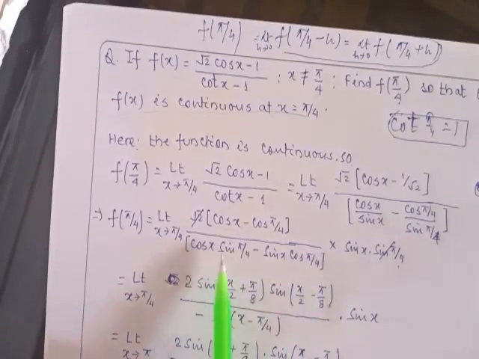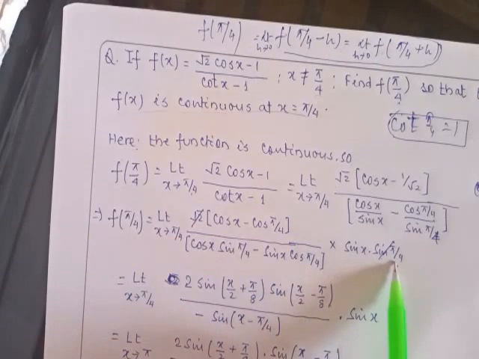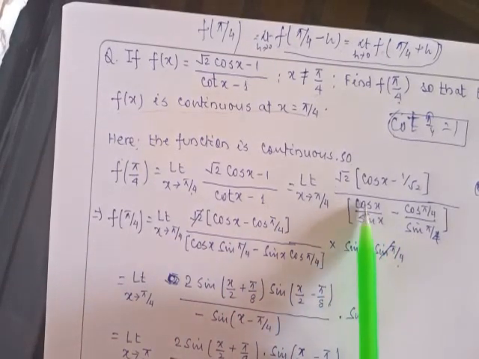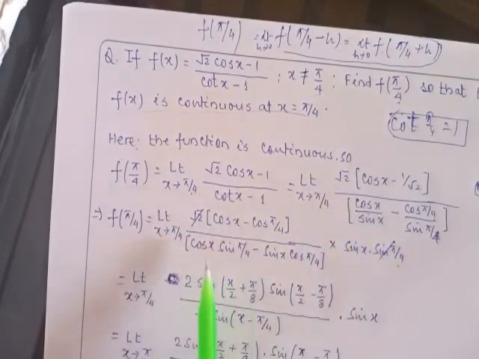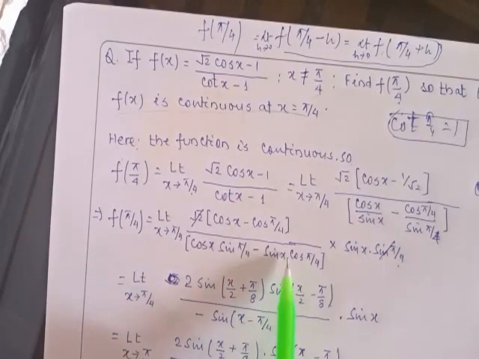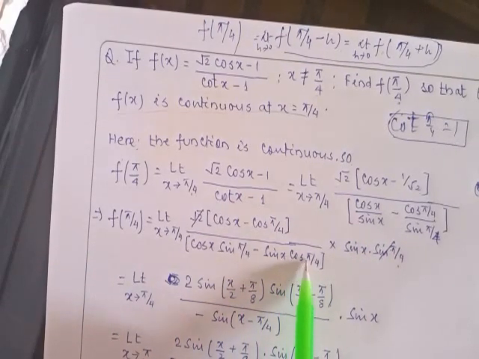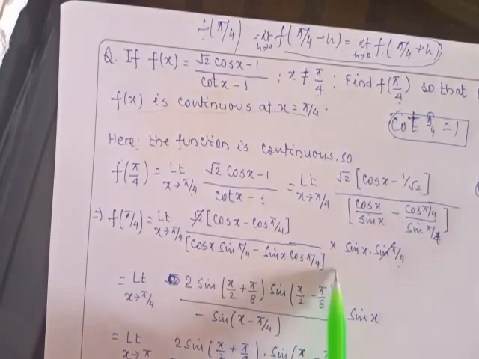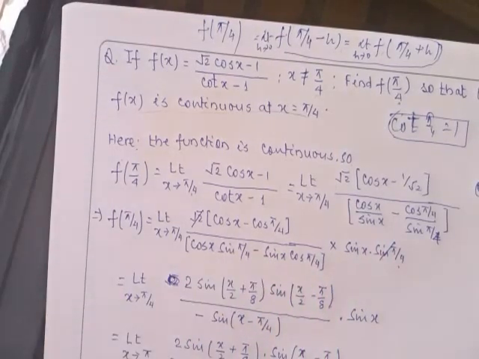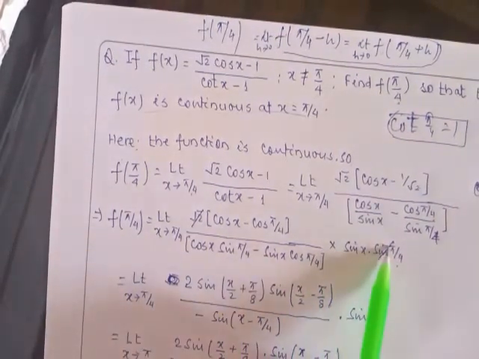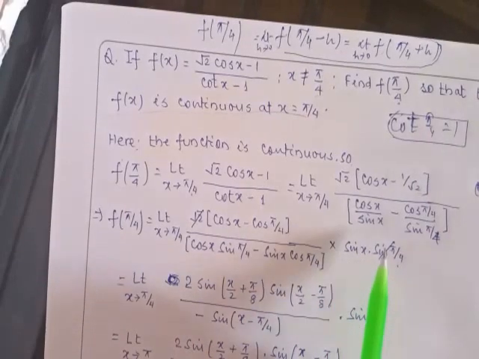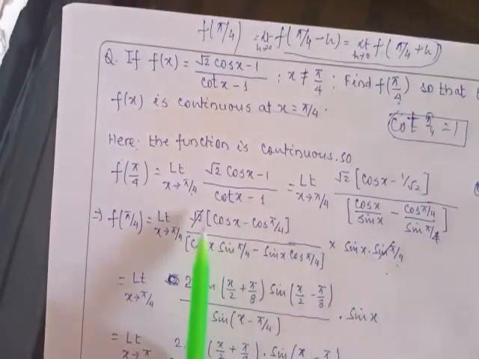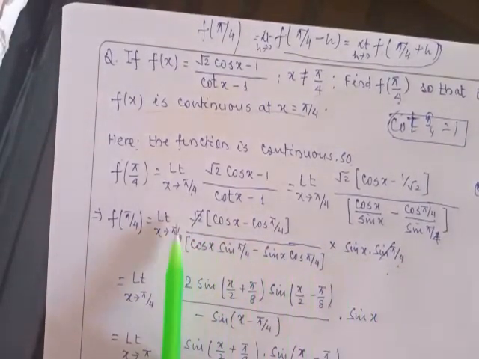This becomes the denominator of the denominator, so transfer to the numerator. And here cos x into sin pi by 4 minus sin x into cos pi by 4. This term becomes after taking LCM. Sin pi by 4 is 1 by root 2. 1 by root 2 and root 2 should be cancelled.